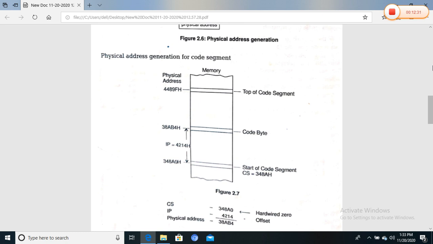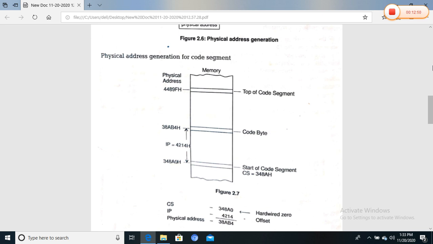In that starting address there is an offset value, the address associated with any instruction or data type, called the 16-bit effective address, offset, or displacement.